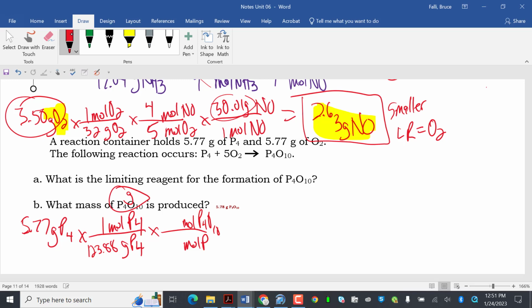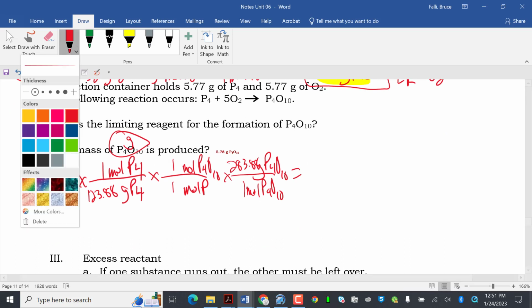Moles over moles, use coefficients, 1 and 1, times 1 mole of P4O10, and grams of P4O10. So P4 was 123.88 plus oxygen, 16 times 10, so 283.88. I could do that number now, but I'm going to do the other one next.